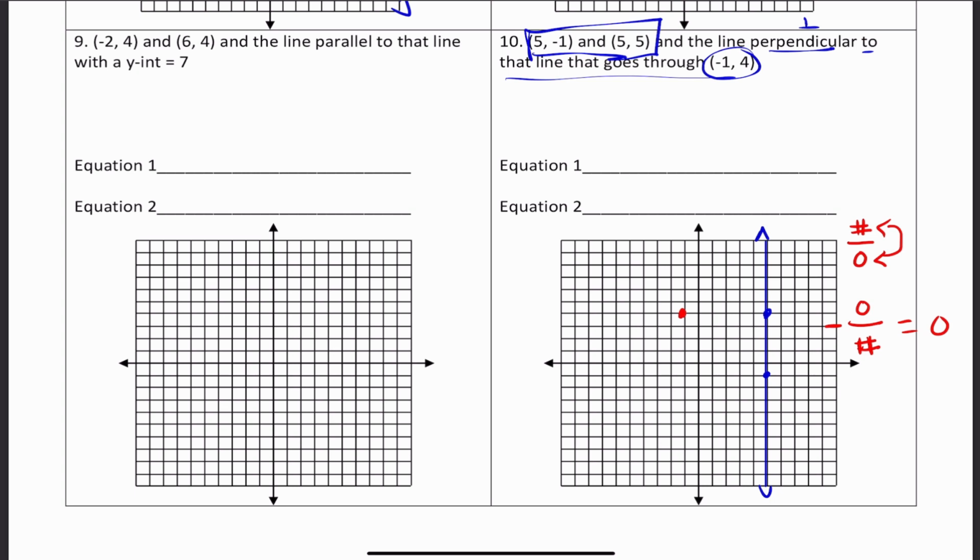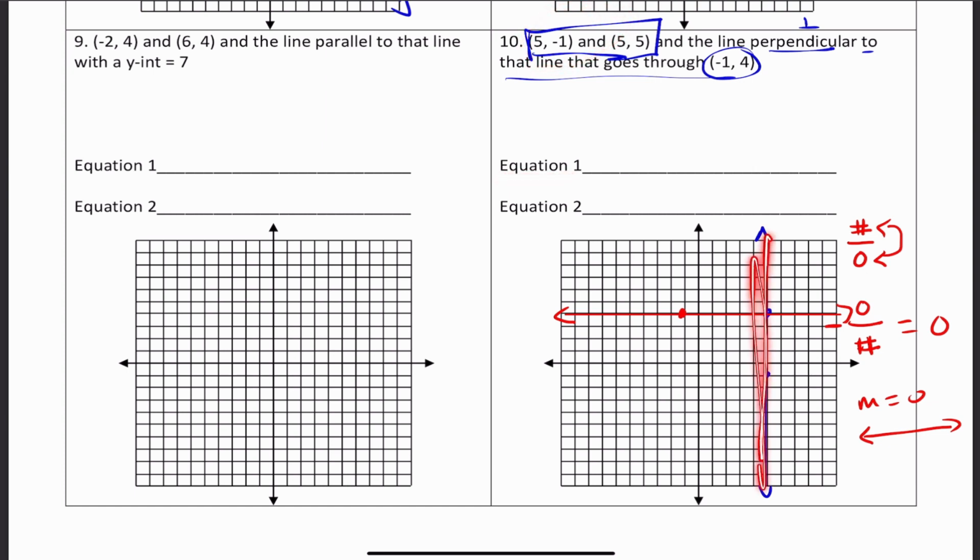So if we have a 0 slope, the line is going to look horizontal. I'm going to create my second line right here. Now this line is perpendicular to this line. What is the equation of this blue line? We'll call that equation 1, where we have already plotted those 2 points.